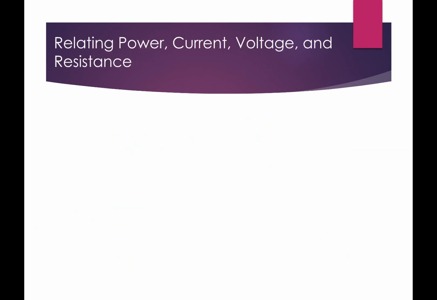Now, in addition to Ohm's Law, we also have a relationship between current and power. Just to make sure we're cool, voltage is measured in volts, and the abbreviation is V. Resistance, as you remember, is measured in ohms.